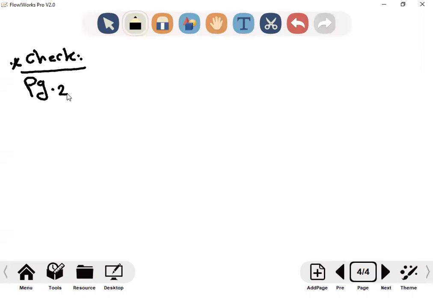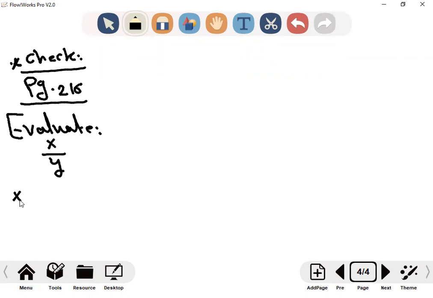Page 216. Now in the check, we need to evaluate x over y, given that x equals negative 6.85 and y equals negative 2 and 2 over 5, right?